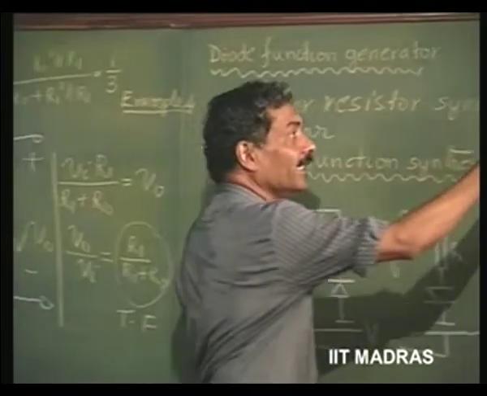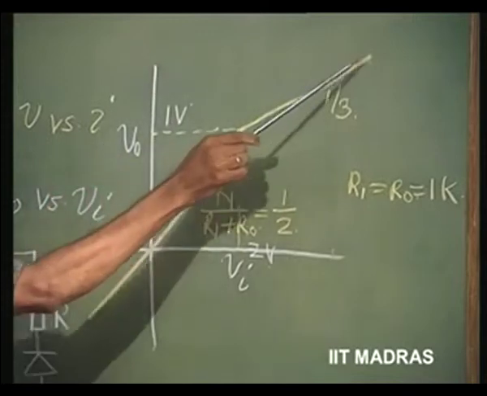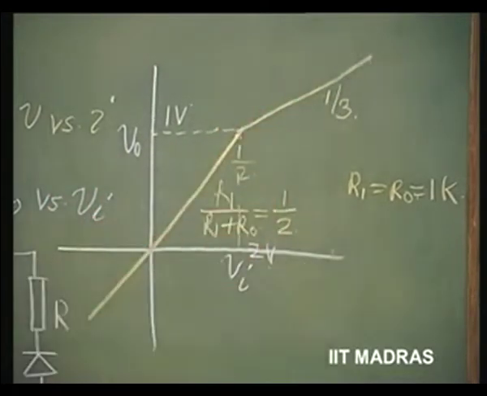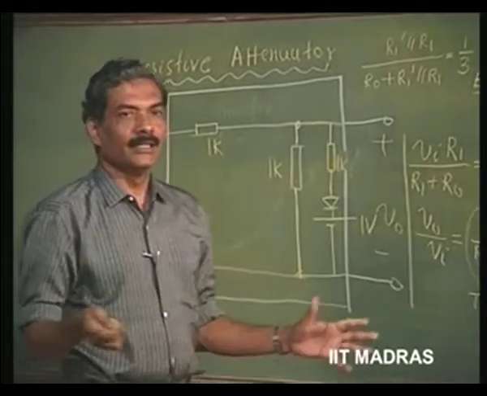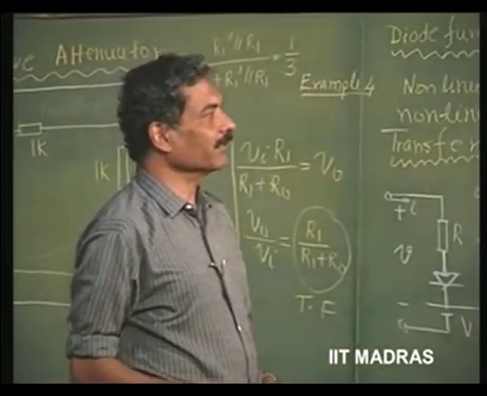If at a later date, at another voltage, I want to reduce the slope further, let us say from 1/3 to 1/4, I can do it by bringing in another resistance at the specified voltage. So, the synthesis of this transfer function becomes very simple.